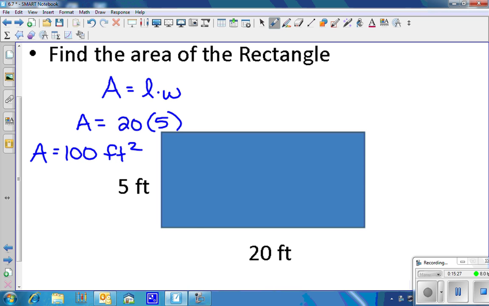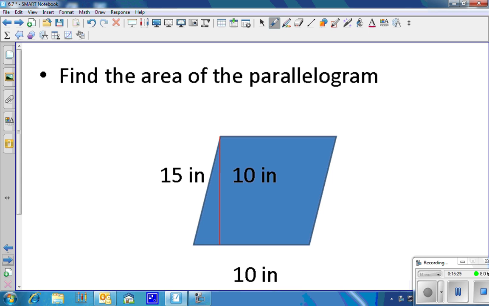Okay. All right, this is a parallelogram. What's the formula for a parallelogram? Base times height. What's the base? 10 at the bottom. What's the height? Okay, what do we do with the 15? Leave it.